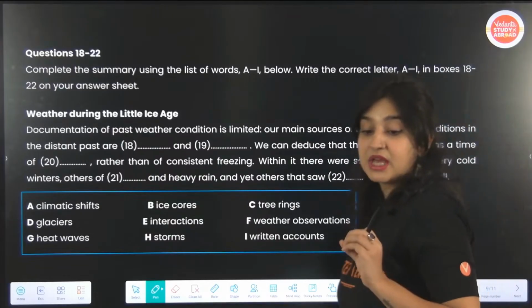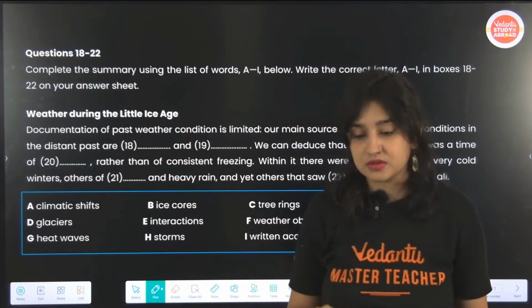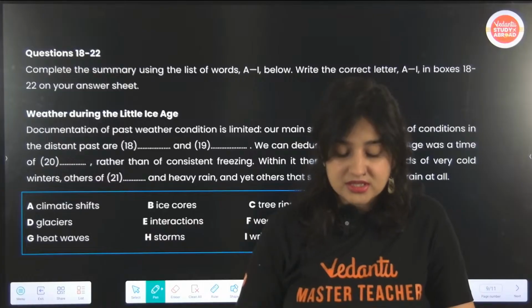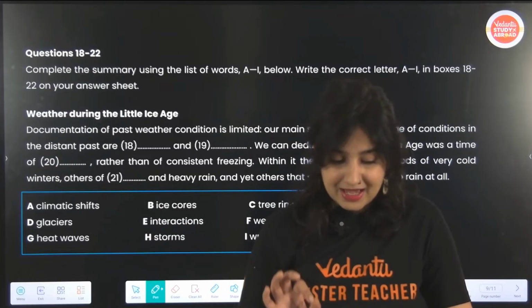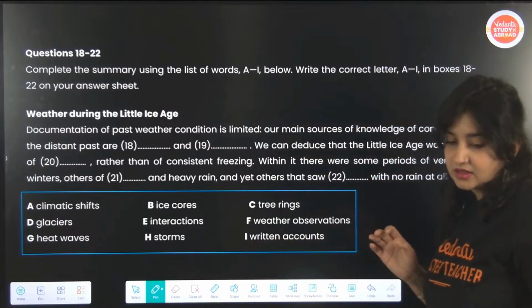The answers, let me help you out. The answers for 18 and 19 are written in our notes also. With the notes that we took for that particular passage, the answers are written for it in the notes.